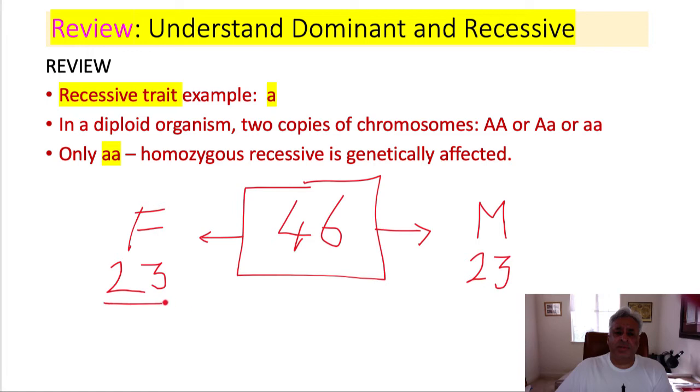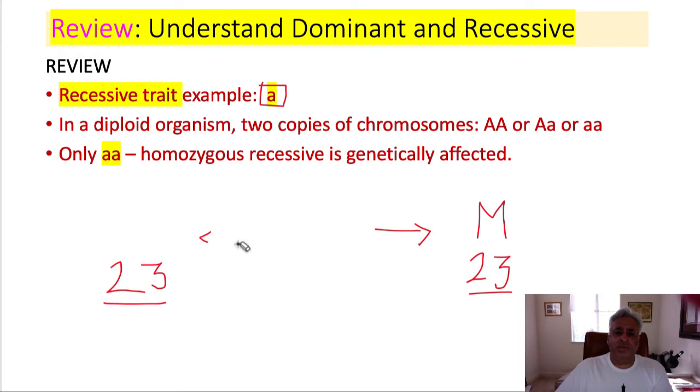Now these 23 chromosomes have to be divided into two subtypes. And those subtypes are called autosomes and sex chromosomes. But we'll come back to that in a few moments. Let's just finish off our conversation to do with the recessive allele.